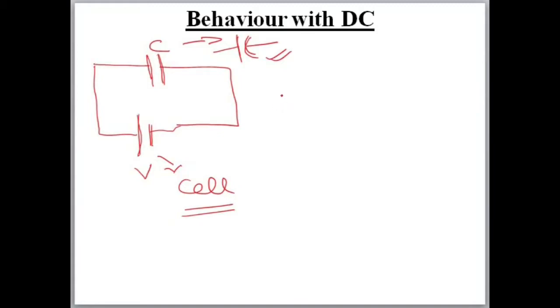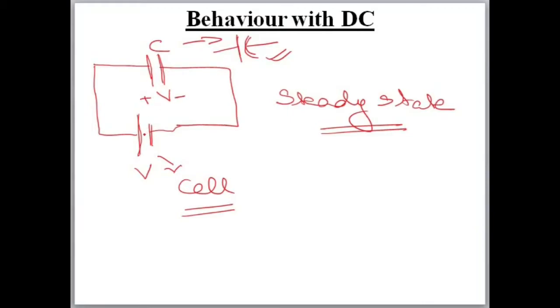Whenever we give a DC voltage to C, what will happen? I am talking about a steady state. In transient conditions it will be different, but in a steady state, whenever a voltage V is given to a capacitor, then the capacitor also develops a voltage V in the opposite direction to the supply voltage.